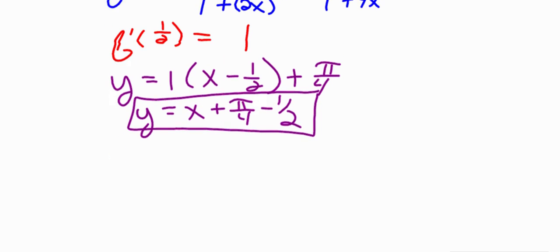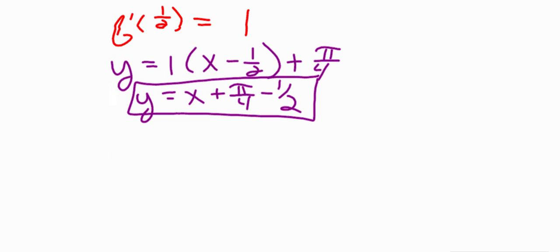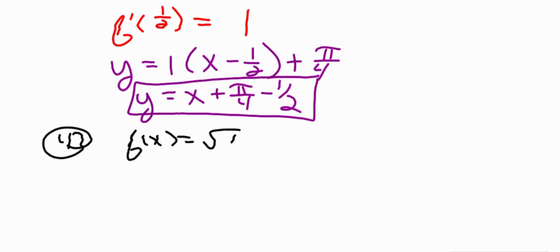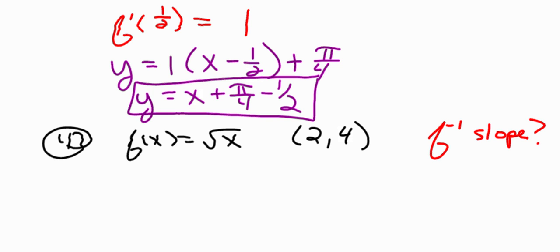All right, let's do another example. We're going to do example number 43. Given the function f of x equals the square root of x, and we want to evaluate the slope at the point 2, 4. So I want to find the inverse slope on this example.